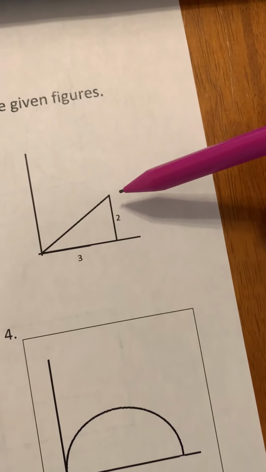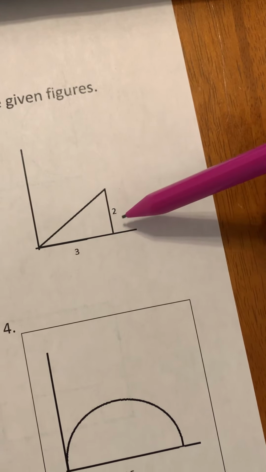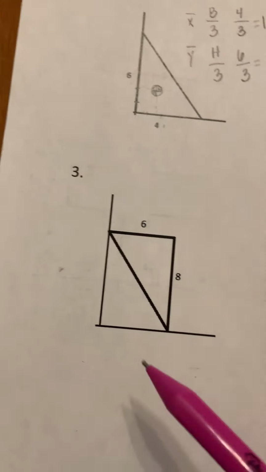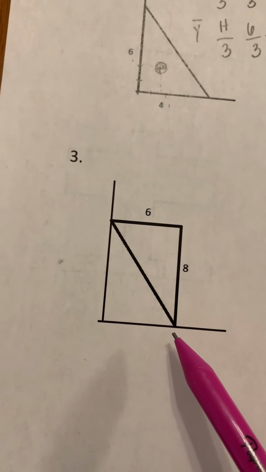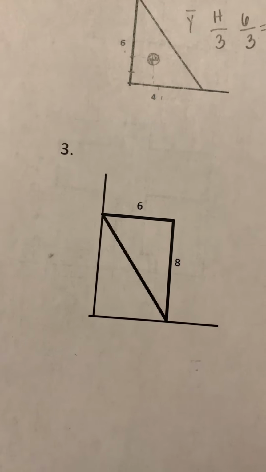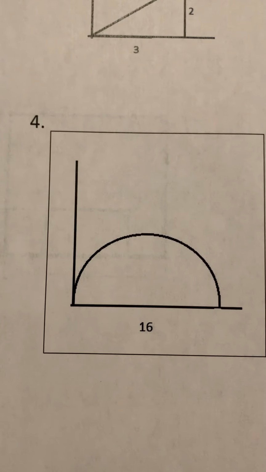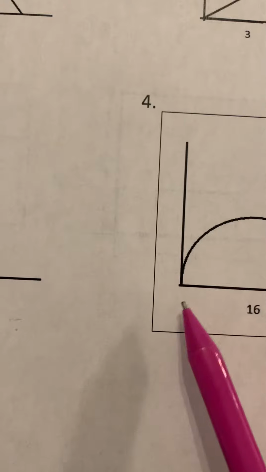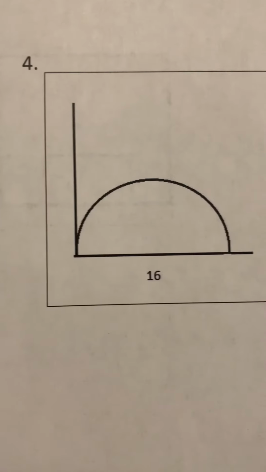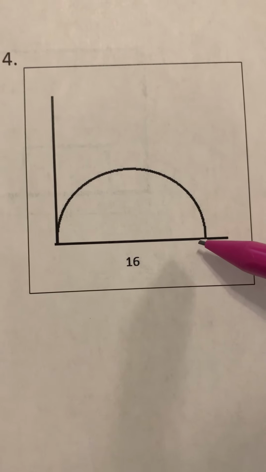You're going to do the same thing on this one here, my base and my height. And then the same thing here. And then 4. So first you've got to find out your radius.